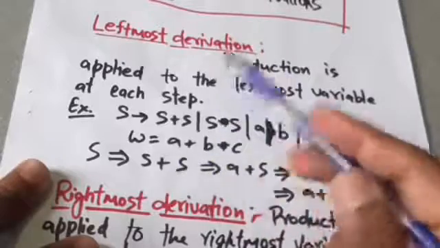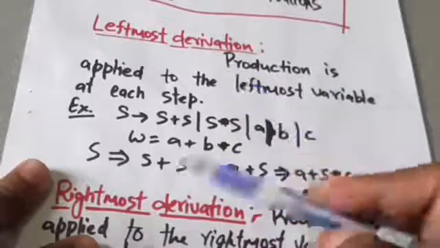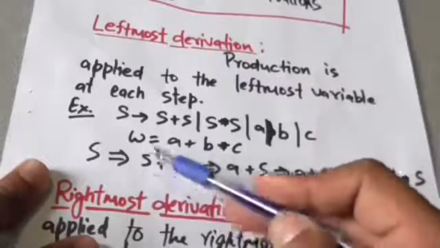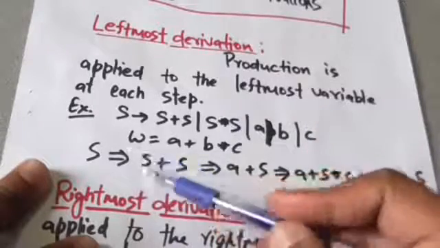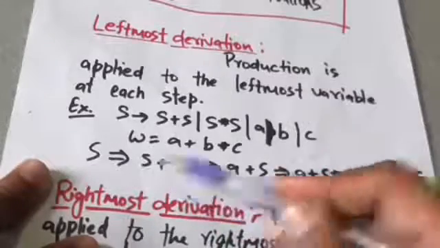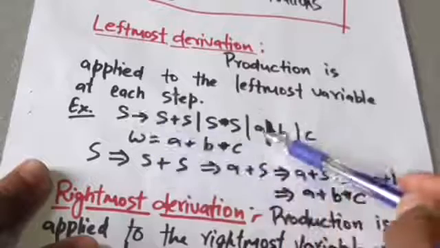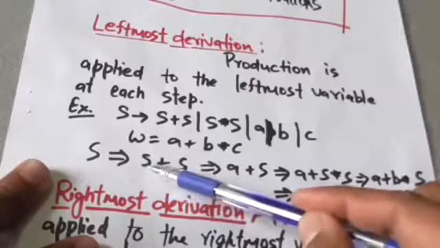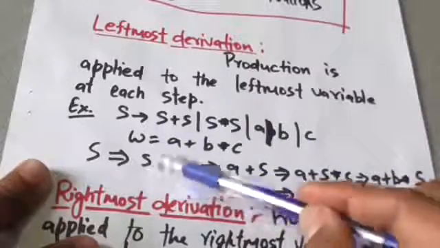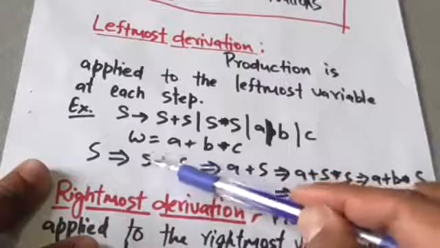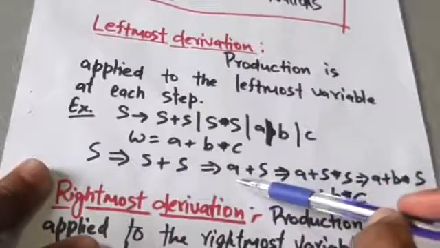But since it is the leftmost derivation, we will apply the production rule to the leftmost variable. It means to this S. Here I have applied the production rule S derives a. So this leftmost S is replaced by a.